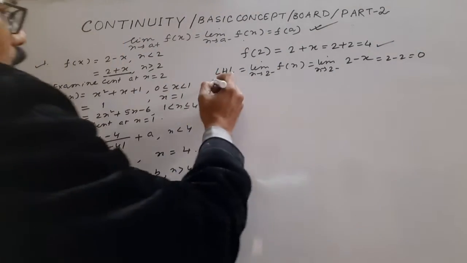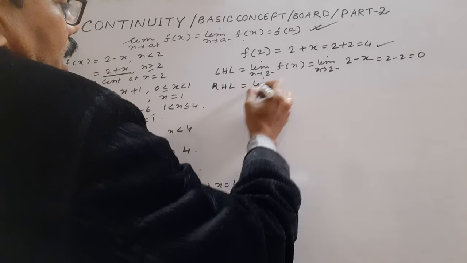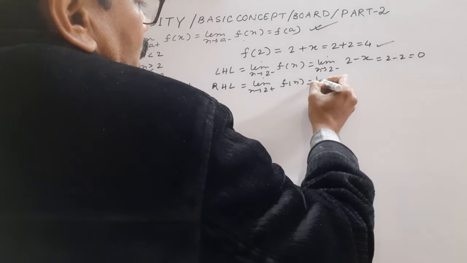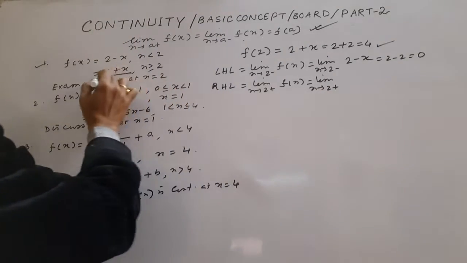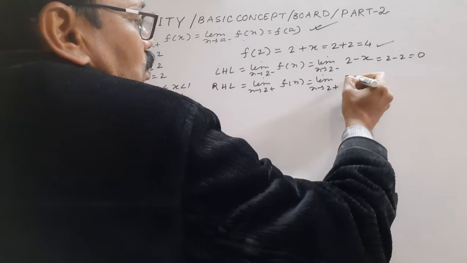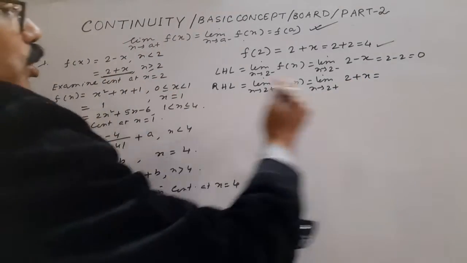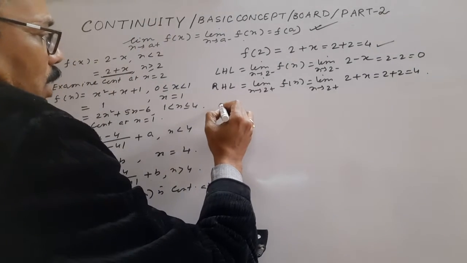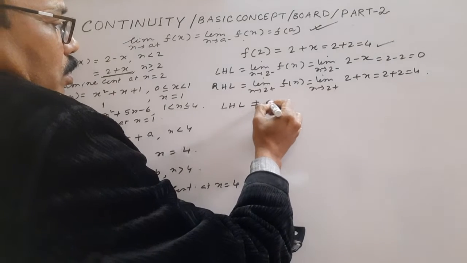But you try to calculate the right hand limit. Right hand limit is limit x tends to 2 plus f(x). So, for greater than 2, you look for greater than 2. So, what is the f(x)? f(x) is 2 plus x. Then put x equals 2. So, 2 plus 2 is 4. So, what are we getting? LHL not equals RHL.